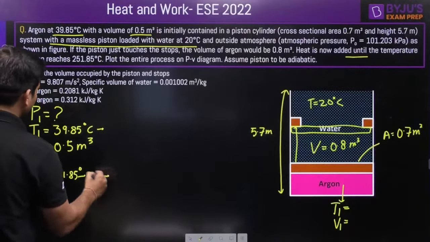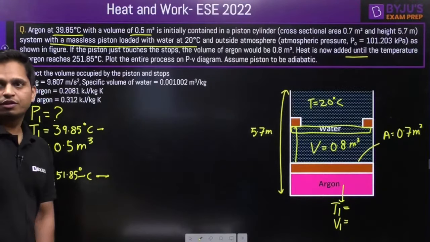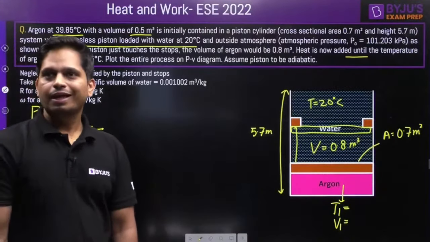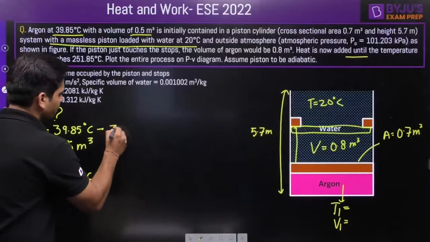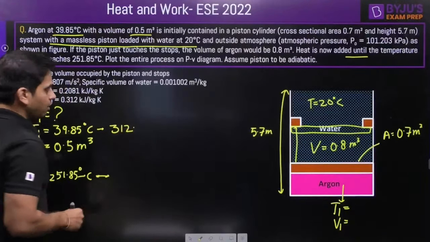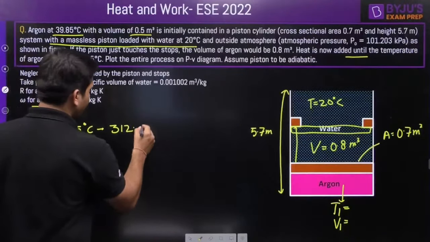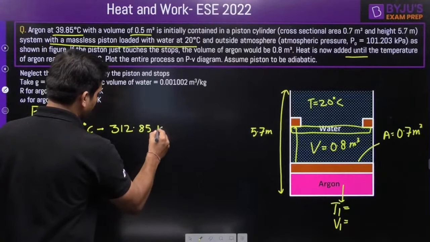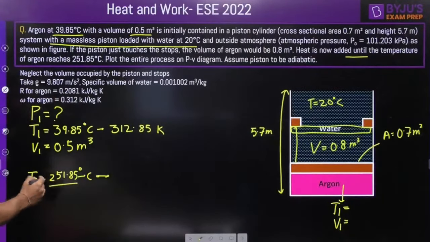So how much is it? 39.85 is 312.85 Kelvin. And how much is this? Plus 273, 524.